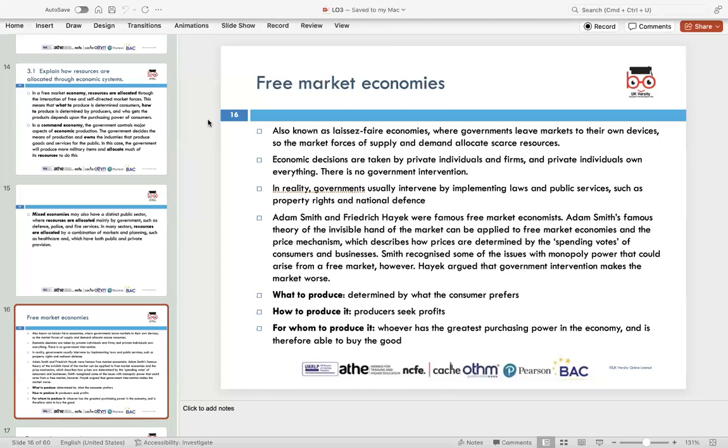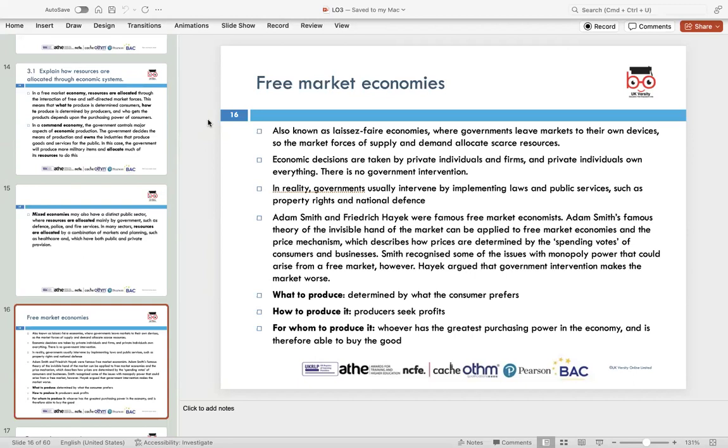Every single object in the world is owned by private persons, and private individuals are the ones who make choices regarding the economy. So there is no involvement by the government.